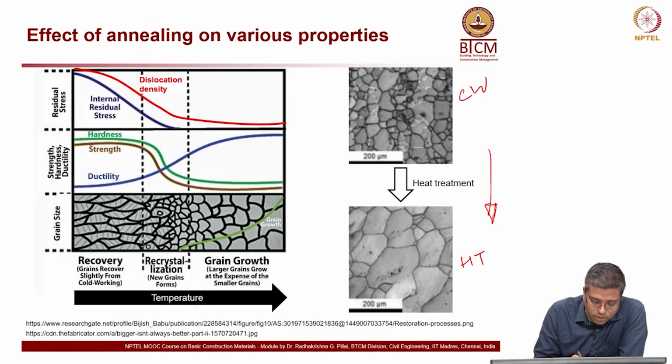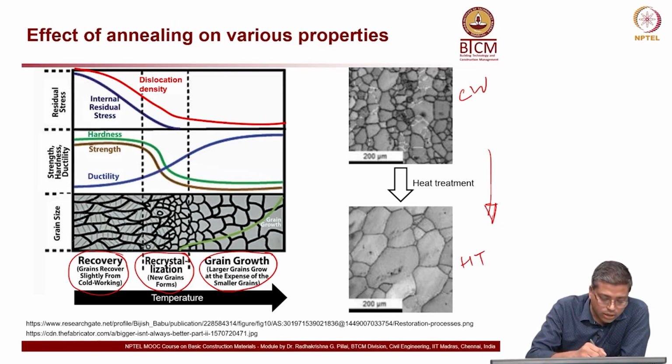There is a recovery happening here, then recrystallization, and then grain growth. Grains recover slightly from cold working, that is the recovery stage, and then the recrystallization temperature is reached, and then you cool it down. So, the grain growth is allowed.